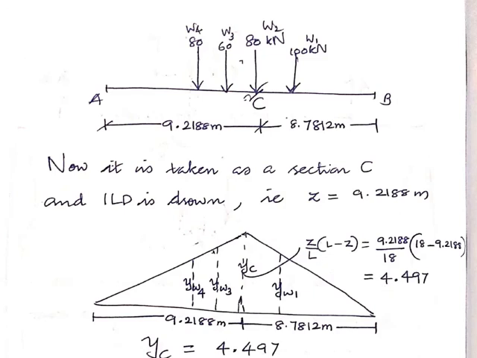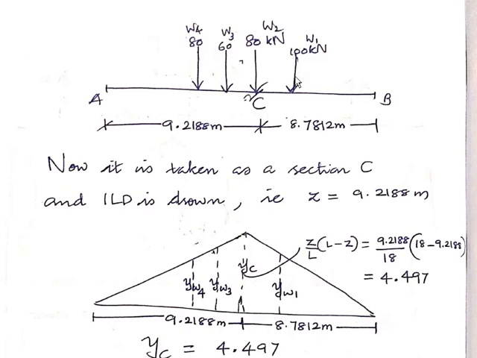We are getting the ordinate at section C, below the load of 80 kilonewton, that is W2, as 4.497. Now we have to calculate the ordinates under each load and find the value of absolute maximum bending moment on the beam.